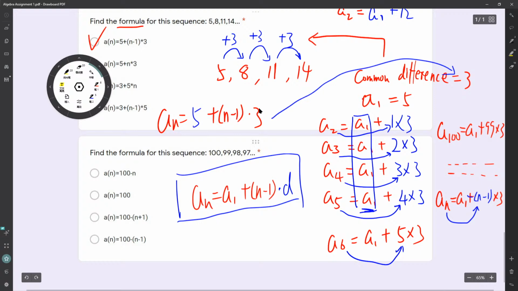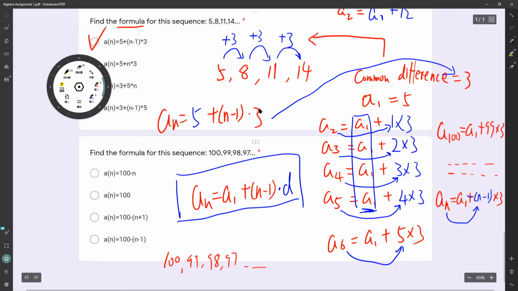So we find out the general formula based on this question. Let's use this with the last question. The last question we have 100, 99, 98, 97, right? And what's the pattern?